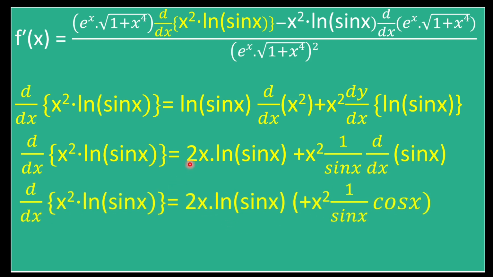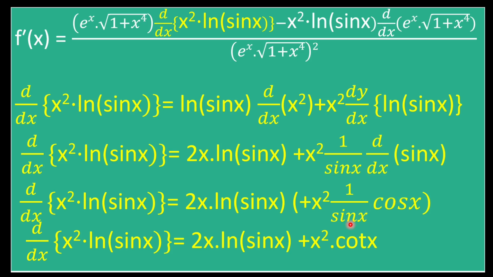And in the next step, 2x ln sin x, and this will become x square, and 1 divided by sin x, and the differentiation of sin x is cos x. In the next step, cos x divided by sin x will become cot x. So overall we have the differentiation of x square ln sin x equal to 2x ln sin x plus x square cot x.